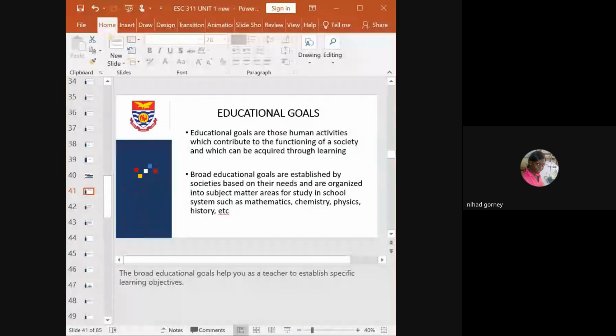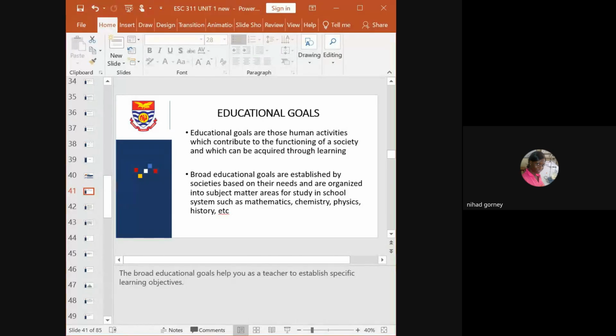We have those activities that will help a society to function in terms of health, in terms of hygiene, in terms of career, in terms of development. So those are activities that will help a society function well, and we can get them by learning. It's what we call educational goals.